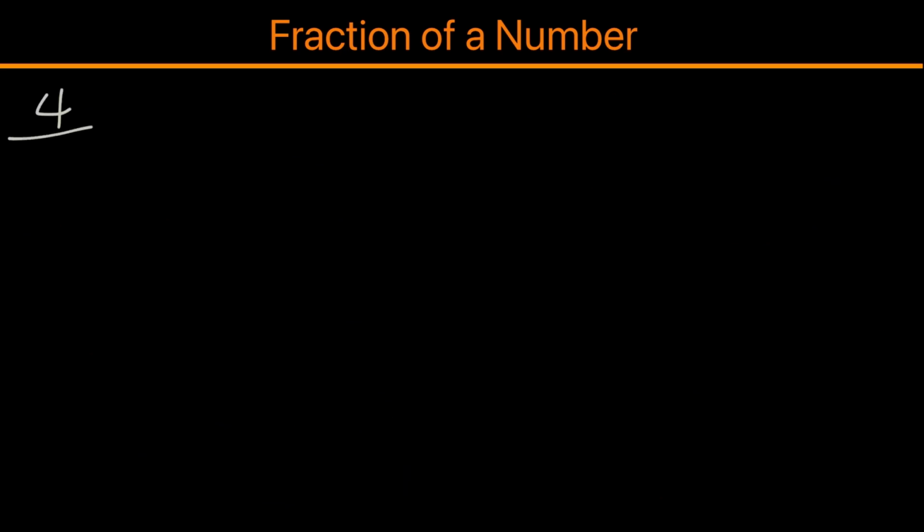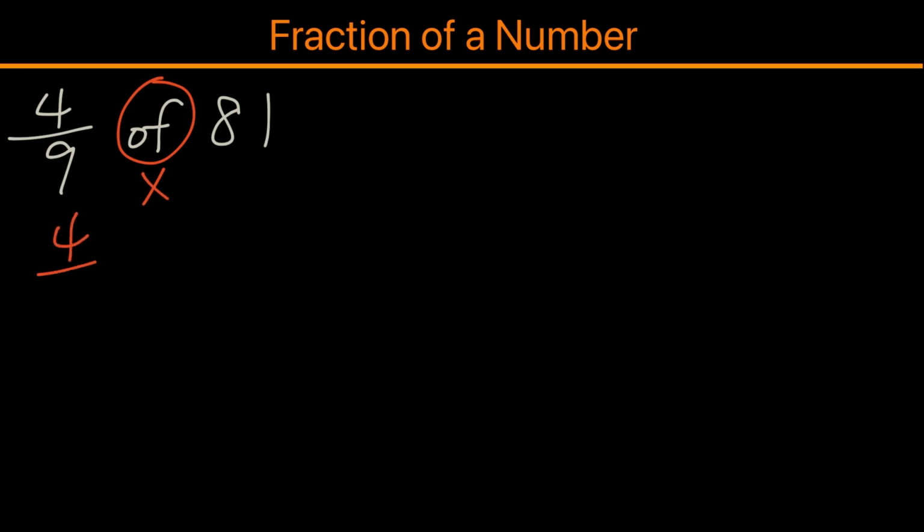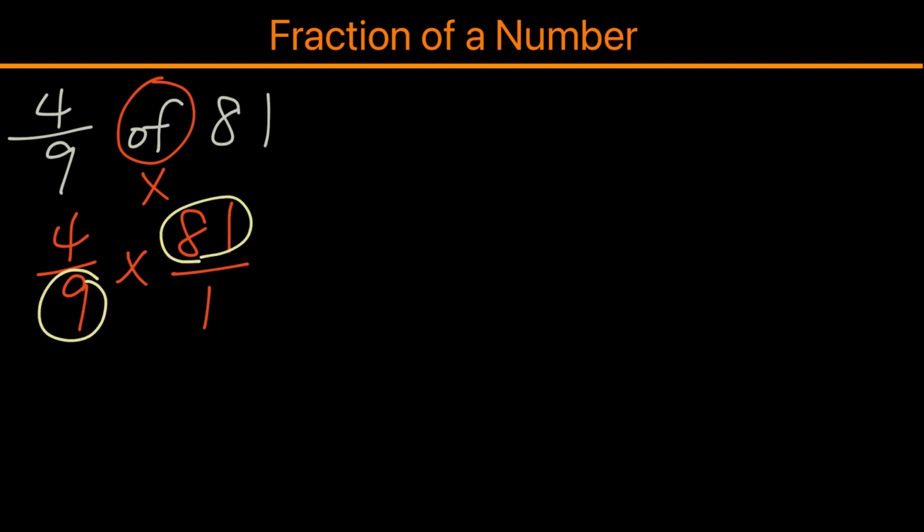Now what about this one? Using the same process, changing "of" to multiply, 4/9 times 81/1. Now by looking at this, we can see that we could simplify before we multiply. So here, 81 and 9 are both divisible by 9.